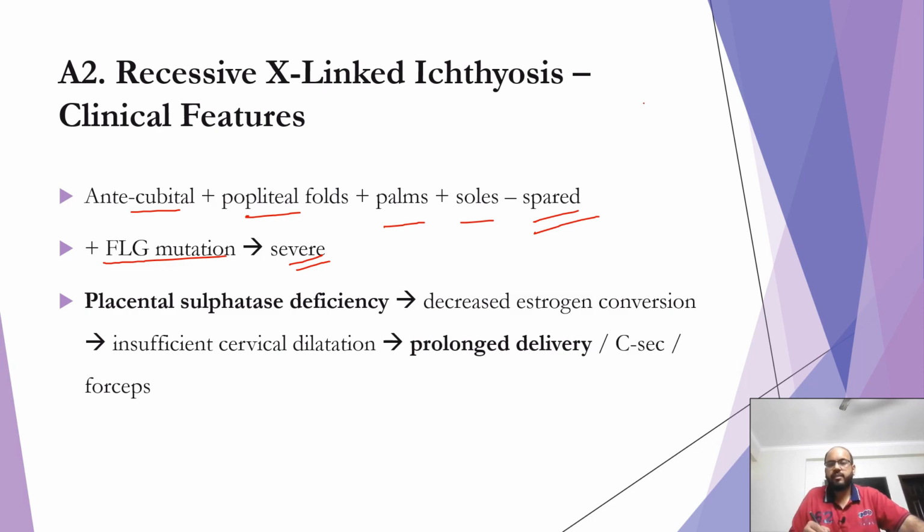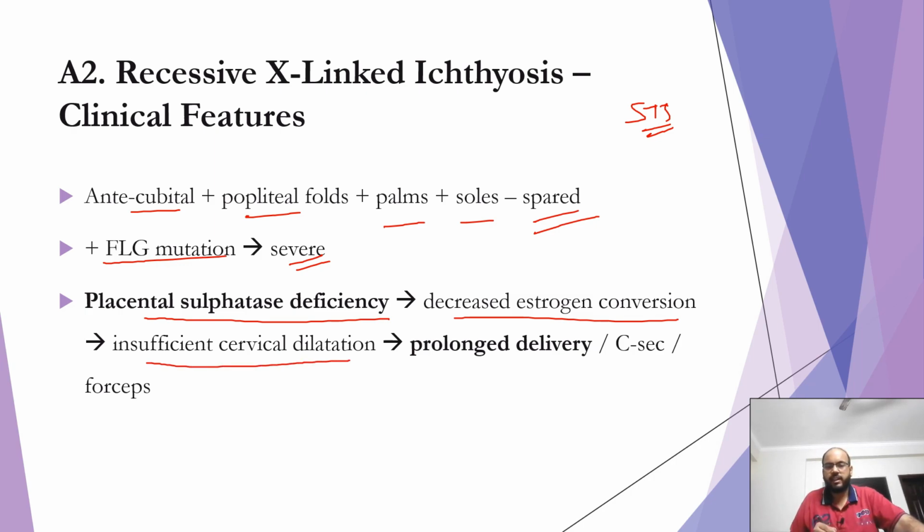We know that steroid sulfatase deficiency is there in XLI, and this steroid sulfatase is also present in the placenta. If this gene is mutated and it's not working properly in the placenta, this leads to decreased estrogen conversion. And because of decreased estrogen conversion, which is another function of steroid sulfatase, there is insufficient cervical dilatation.